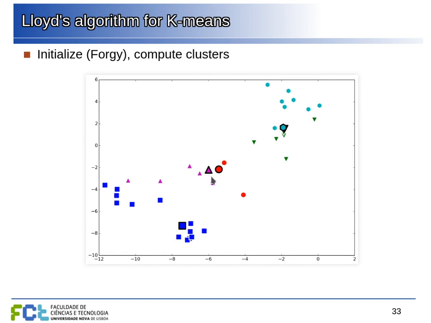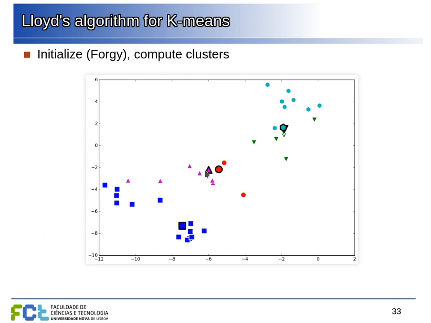Once we choose those points at random, we now assign each example to a cluster based on the distance to the centroids, to the prototypes that represent the cluster. So these circles here are closer to the circle centroid. These triangles are closer to the triangle centroid, the square, and so on. And now we are going to recompute the position of the centroids by moving each centroid to the mean point of the cluster that is assigned to that particular centroid.